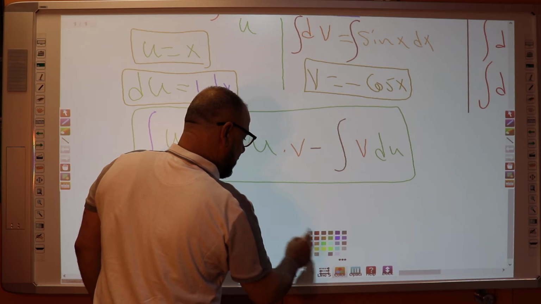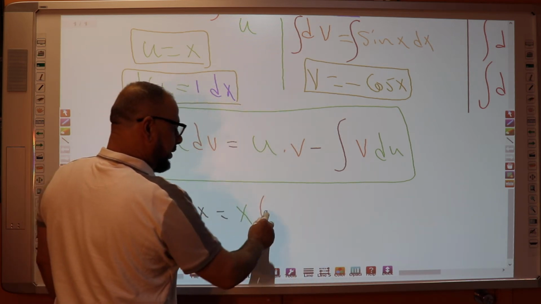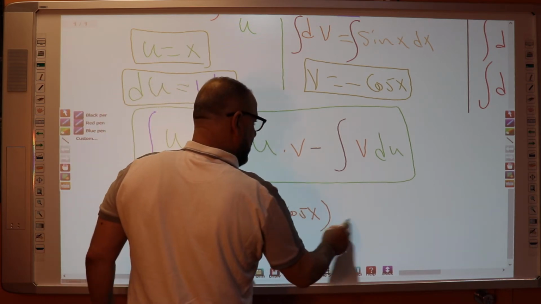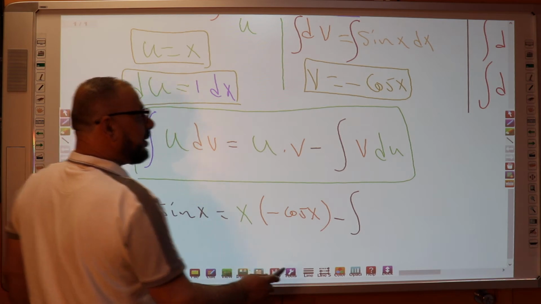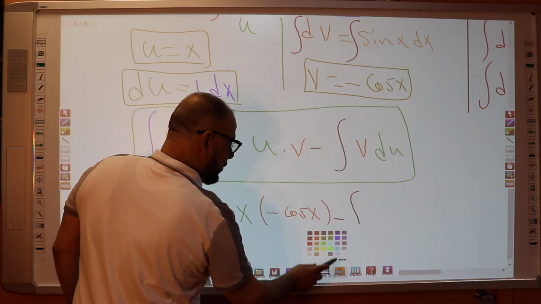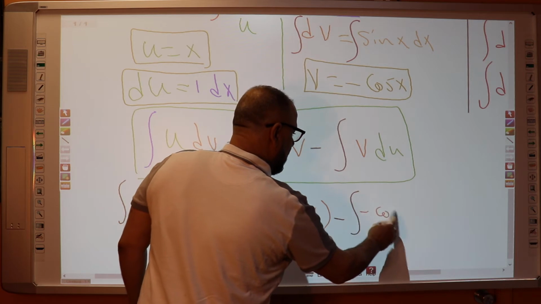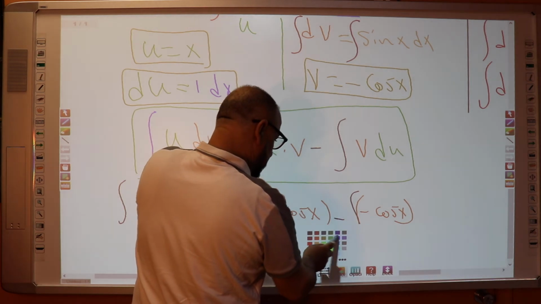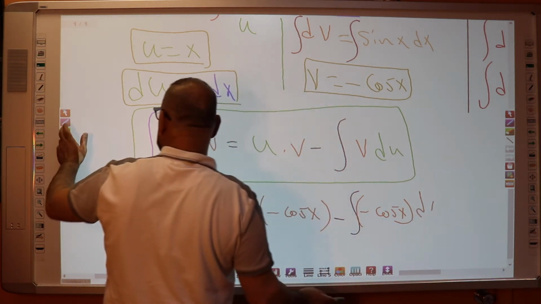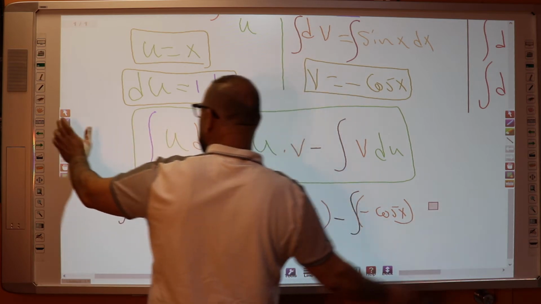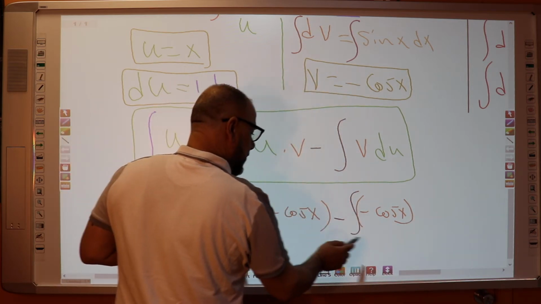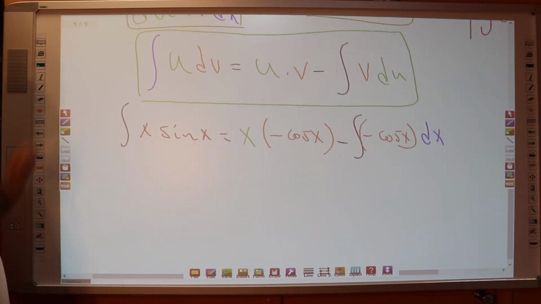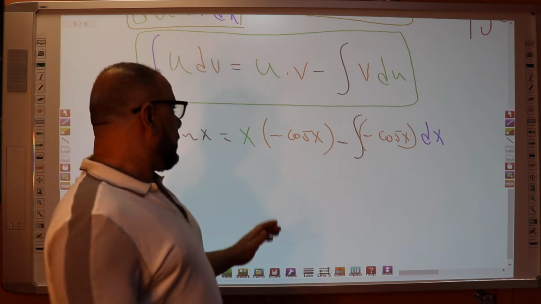Negative cosine x. So uv is x times negative cosine x, minus the integration of v du. v is negative cosine x, and du is only dx.